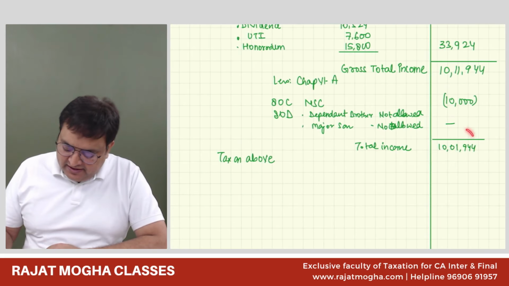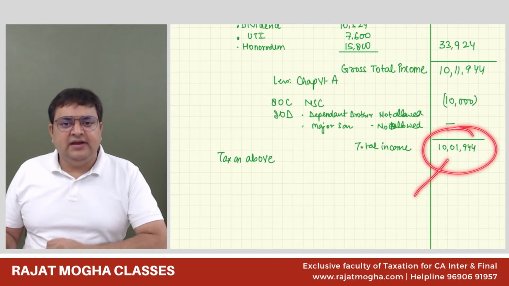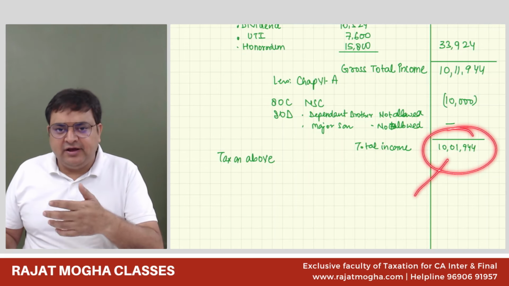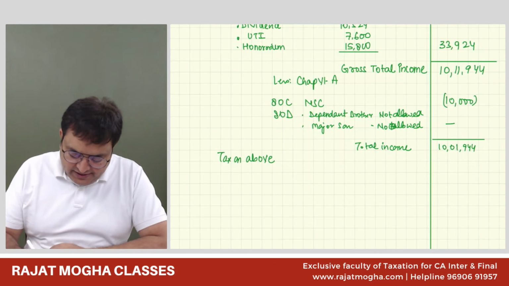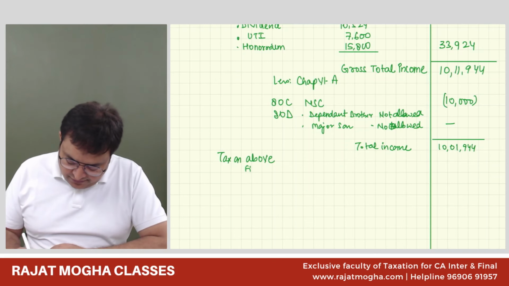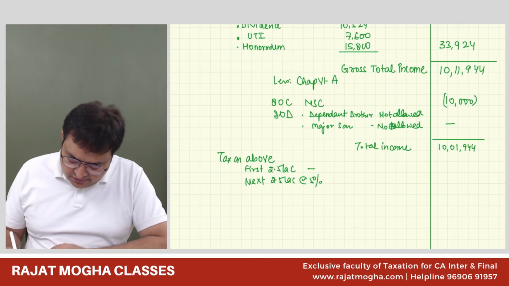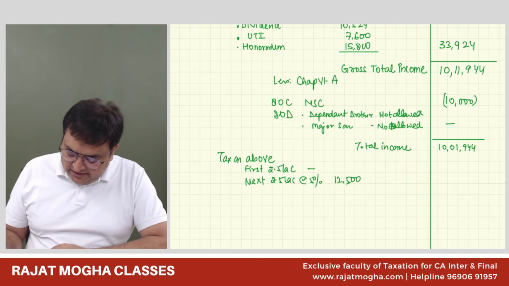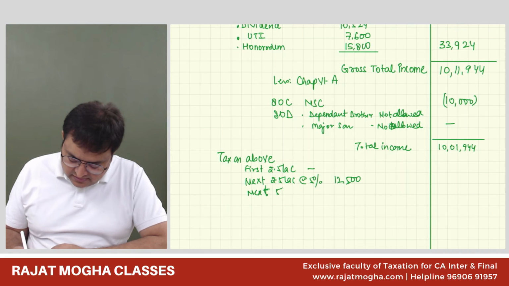Next 2.5 lakh is at 5%, that is 12,500. His income is going till 10 lakh, so for 5 to 10, the next 5 lakh is at the rate of 20%, so 1 lakh.